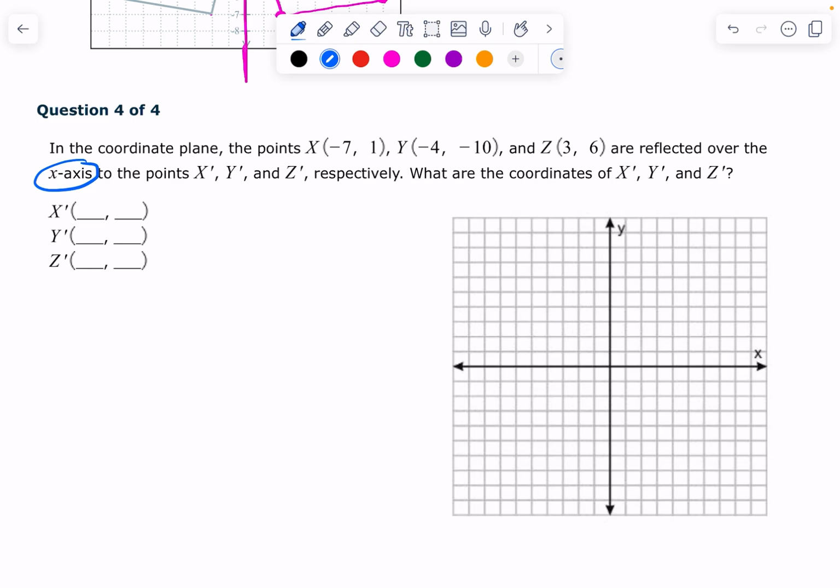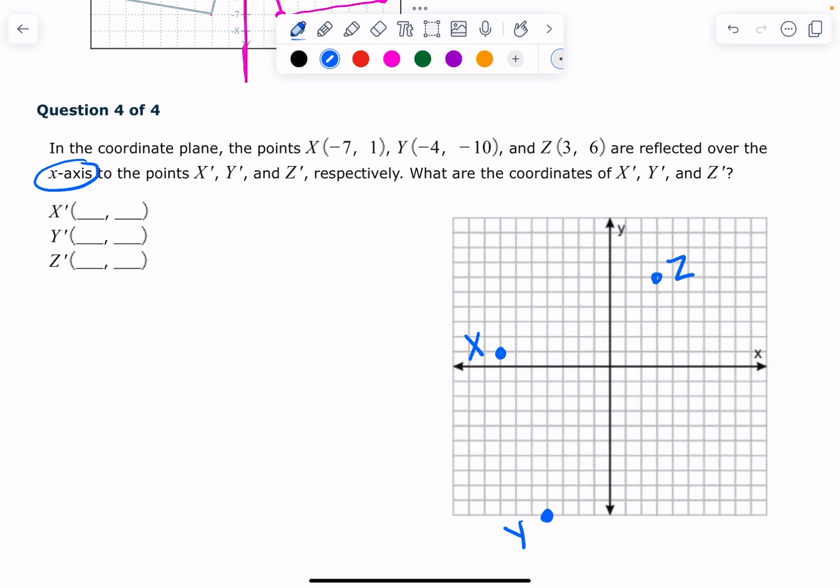We can draw it on the graph, or we can do it algebraically. So let's go ahead and do both ways. So I'm going to graph (-7, 1), right there, (-4, -10), I believe is all the way down here. And Z is 1, 2, 3, 1, 2, 3, 4, 5, 6.